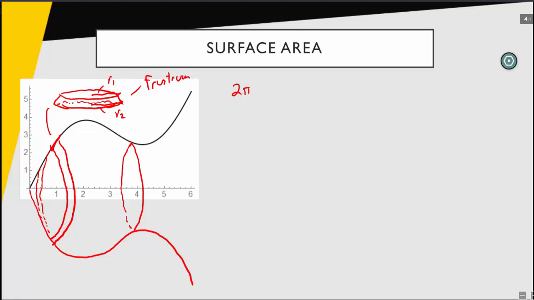So in general, for the frustum, I should average those two values as part of this formula. And then instead of using the height for the lateral surface area, I'll take the distance of that edge, which we'll call L. So this could be the formula for the surface area of my frustum.